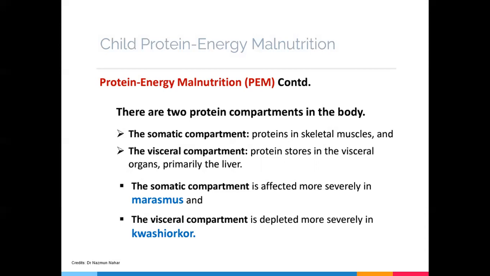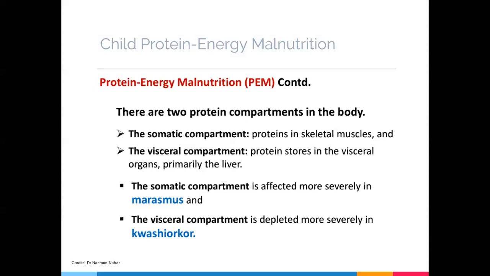The other one is called the visceral compartment, which is composed of protein stores in the visceral organs, primarily the liver. So the liver proteins are included in the visceral compartment. Okay, so this includes albumin, ferritin, C-reactive protein, prealbumin, retinol binding protein. So all of the proteins that are hepatically synthesized are part of the visceral compartment.